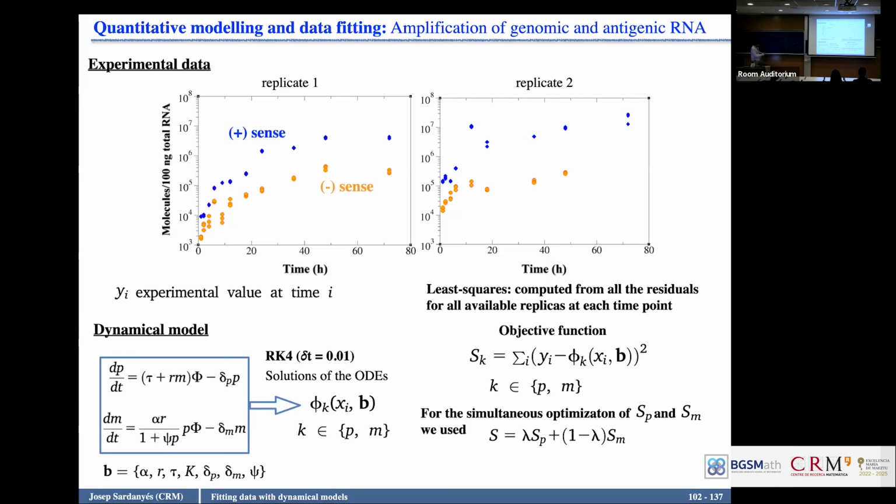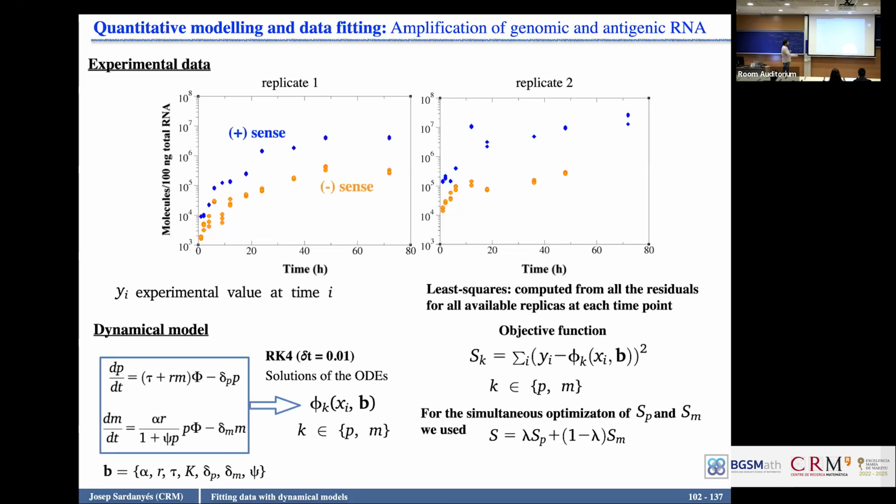If I set lambda to 1/2, then I am giving the same importance to the two data sets. And this is what we did here. Of course, here you have a theorem. And here we fixed lambda to 1/2.